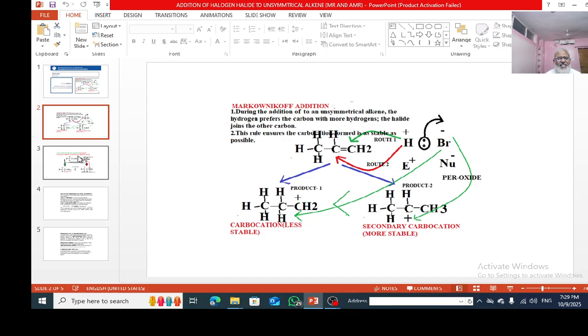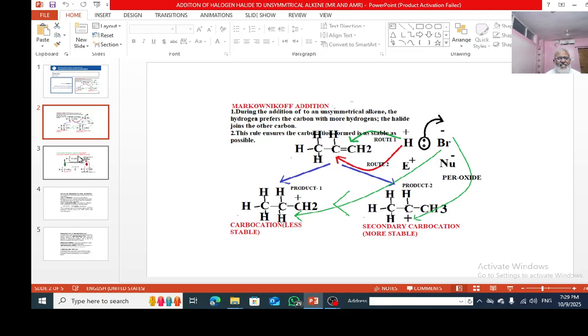In the former discussion the intermediate was carbocation, and in this case a free radical mechanism takes place. Two different products are possible, number 1 and number 2. Here this is the primary free radical and this is the secondary free radical.